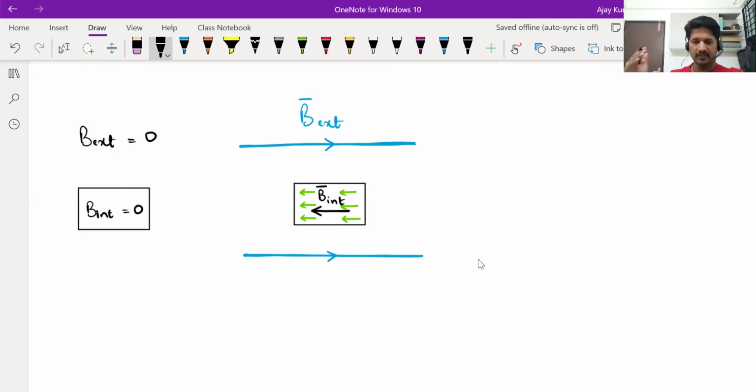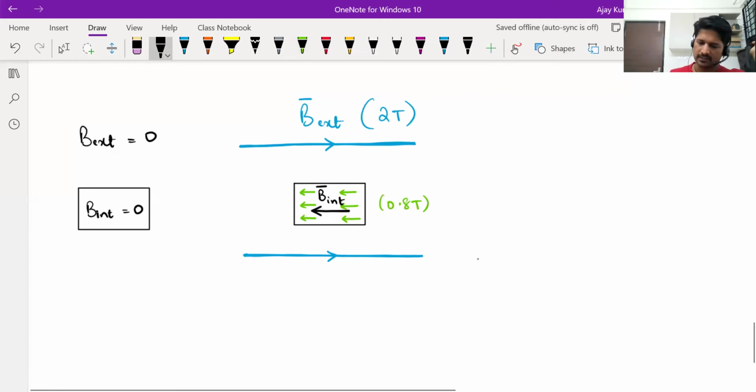Okay, now if the internal field is opposite to the external field, let's say the external field is some 2 Tesla, and the internal field is some, say, 0.8 Tesla backward, then tell me, how much is the net field? Isha, you tell me. External is 2 Tesla to the right, internal is 0.8 Tesla to the left.